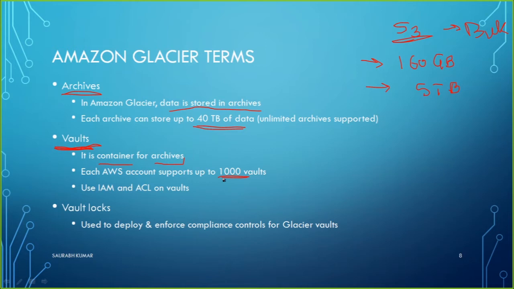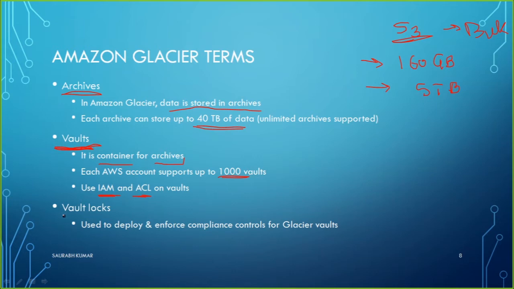Approximately 1000 vaults are supported for each AWS account. And then we can use IAM and ACL to apply security conditions on it, that is who can access and who cannot access, those user permissions and security settings.